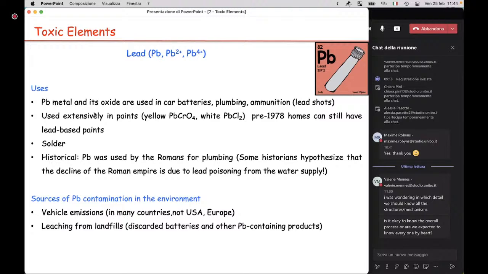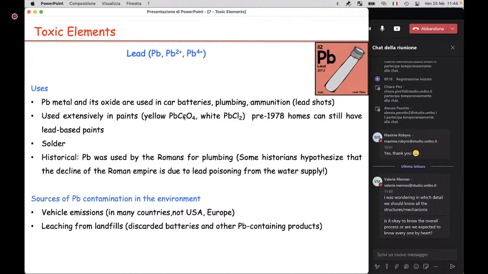It was also used extensively in paints because many lead compounds are very strongly colored in yellow or a very, very strong white. So they were very frequently used. In this case, you can see that we have both lead and chromium in the same compound.